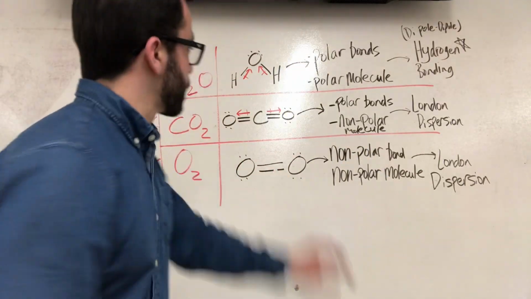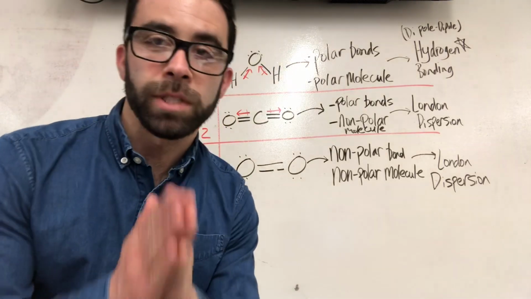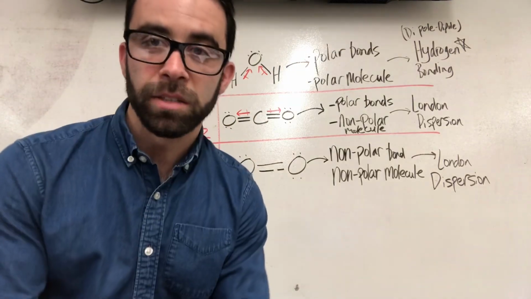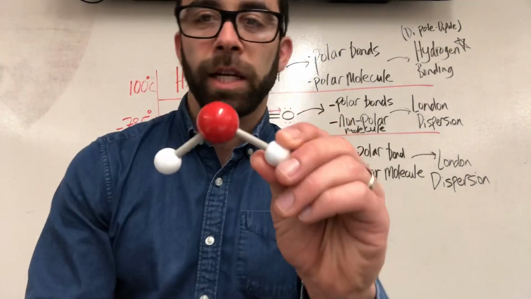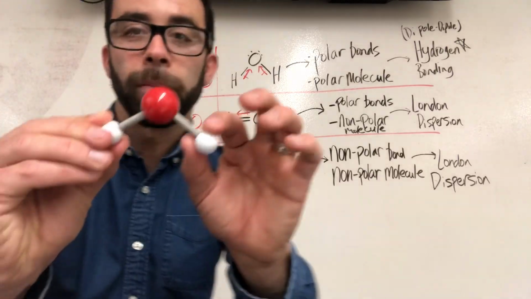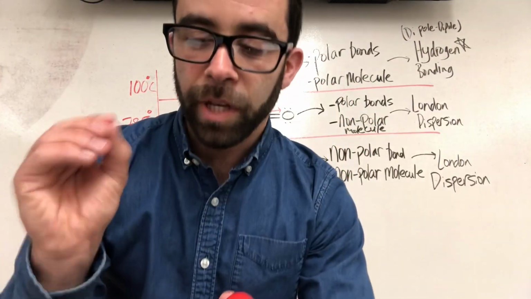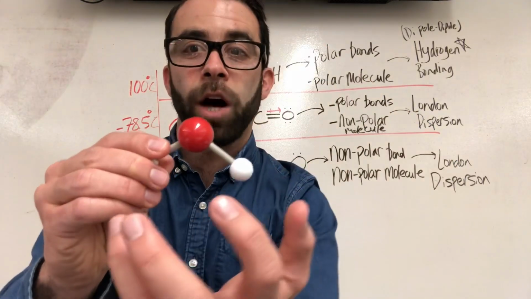So, water looks like this. It's got dipole arrows that point towards the atom with higher electronegativity. So we have dipole arrows pointing at oxygen. And if we have a model that looks like this, it's got this bent shape because the lone pairs repel the bonds downward. Because it has this bent shape, not only does it have polar bonds, but the molecule itself is polar.